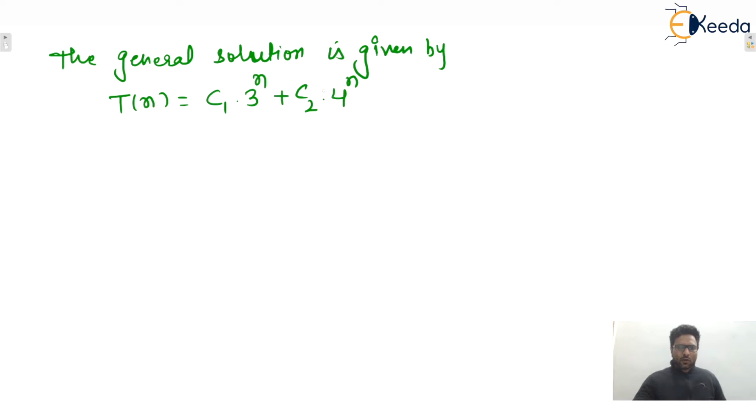You can write in any order, no problem at all. Finally the answer will be the same. First you write 3 or first you write 4, no problem at all. So let us say this is equation 1.